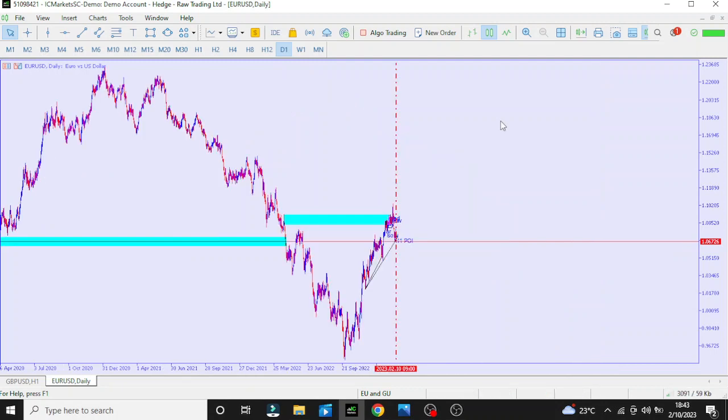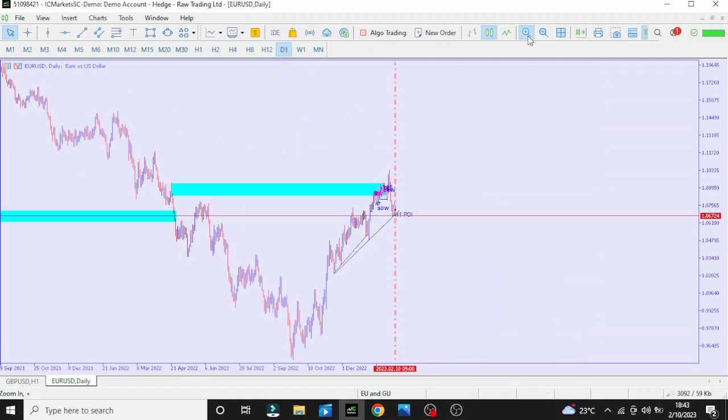So this is a significant supply zone. And around this area the price started to distribute.